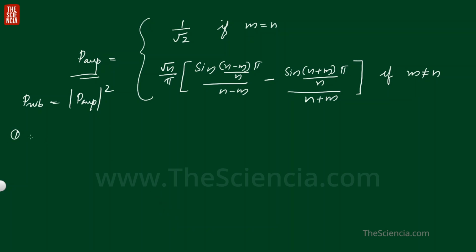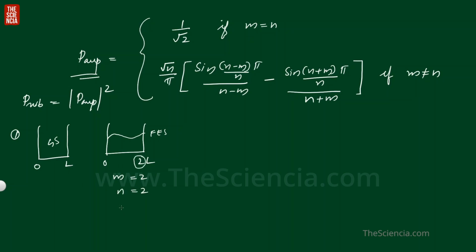So the first example problem is the particle is initially in the ground state of a box of length 0 to L, and later the length of the box is 2L, and the particle is in the first excited state. Here it is in the ground state, right? So for first excited state, the m value is equal to 2, and the n value, that is equal to 2.